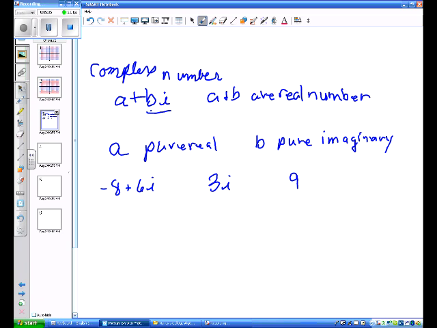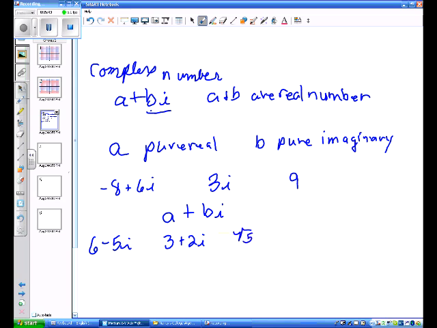A complex number is simplified if it's written in the form of a plus bi. And when we write it, we always write the real part first, then we write the imaginary part. We're not going to write a number such as 2i plus 3. We would use our commutative property and switch it around so that it's in this standard form. So some examples: 6 minus 5i, that would be a complex number written in standard form. 3 plus 2i would be a complex number in standard form.